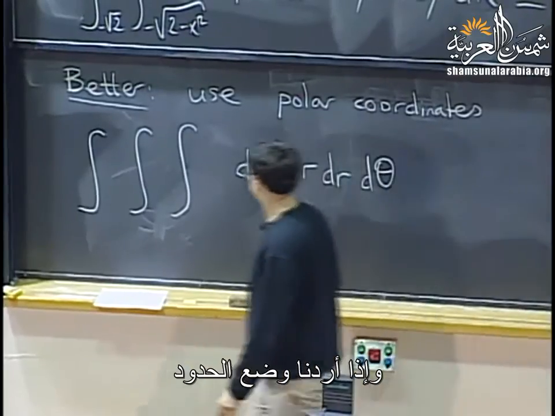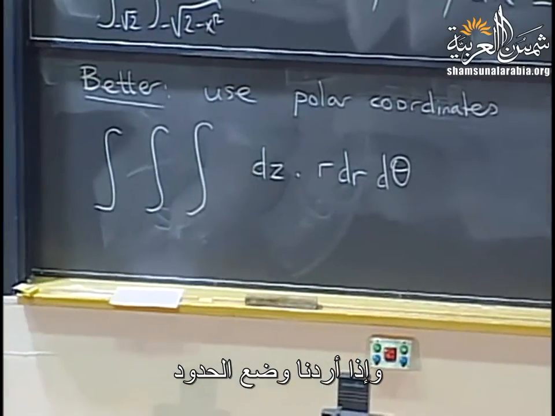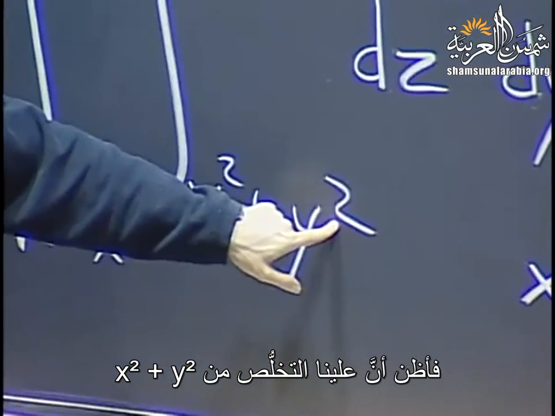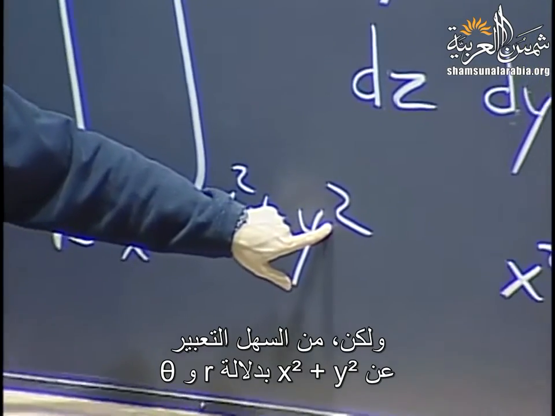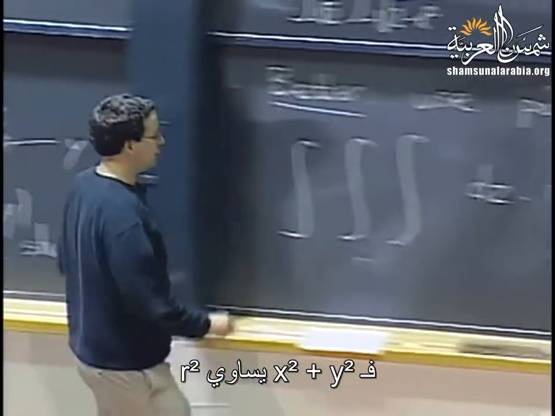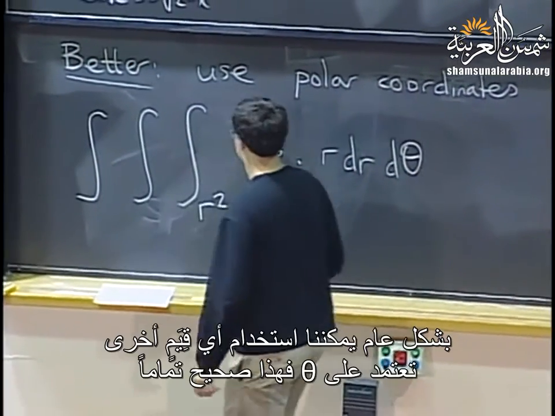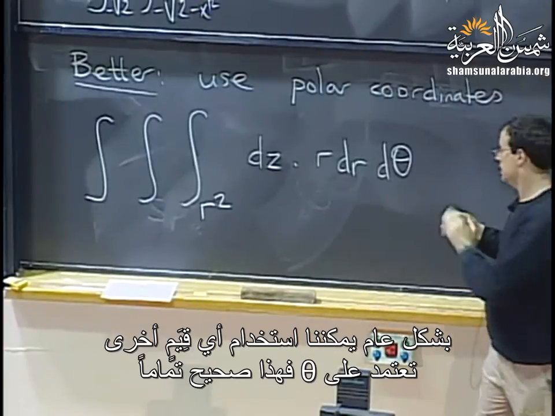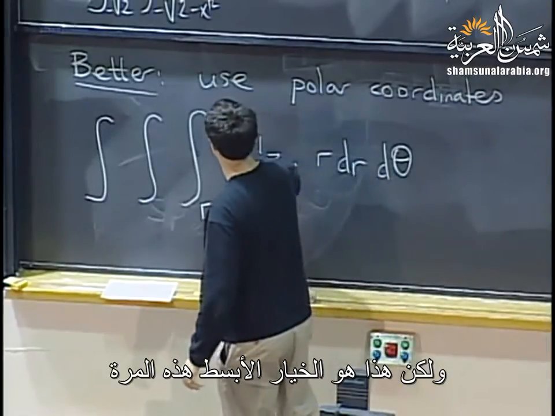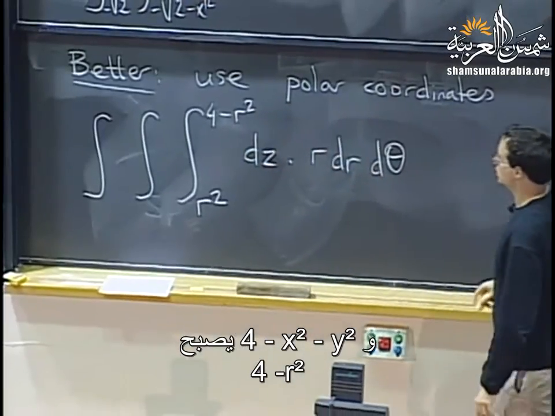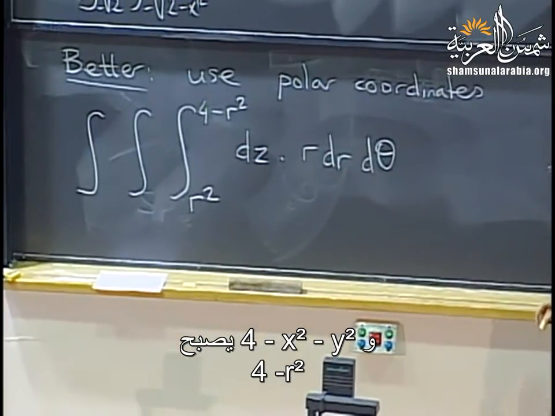And if I try to set up the bounds, I probably shouldn't keep this x squared plus y squared around. But x squared plus y squared is easy in terms of r and theta. That's just r squared. In general, I could have something that depends also on theta. That's perfectly legitimate. But here, it simplifies. There's only r's. And this guy up here, 4 minus x squared minus y squared, becomes 4 minus r squared.